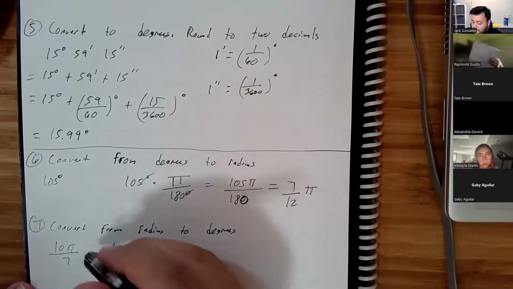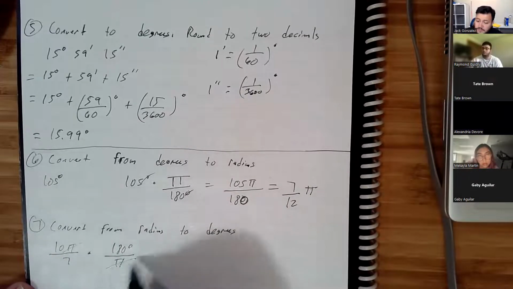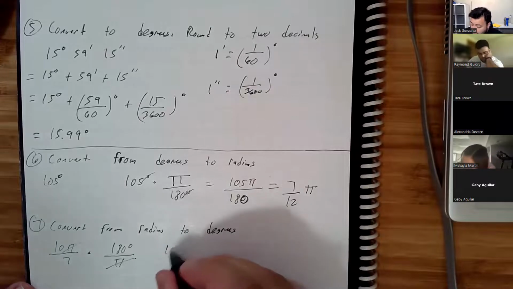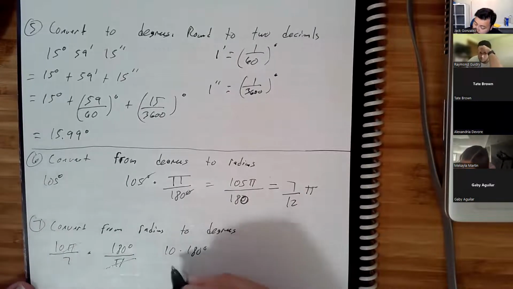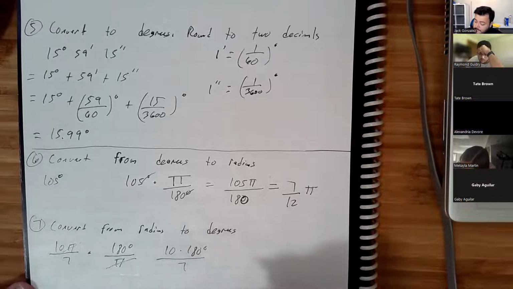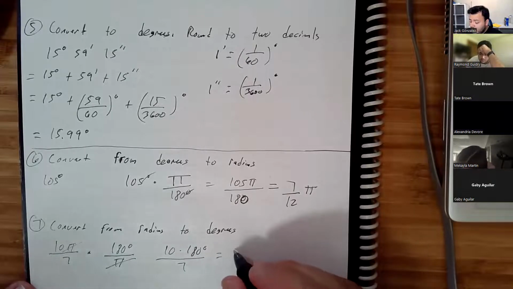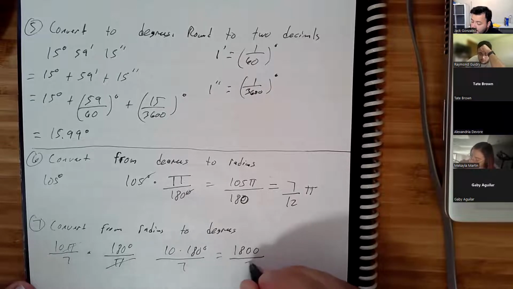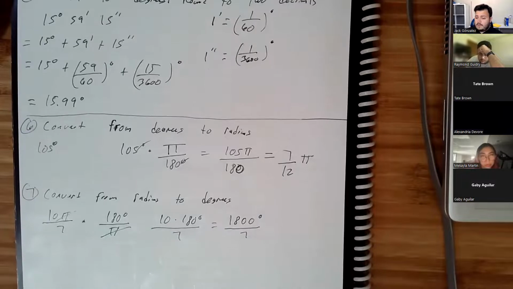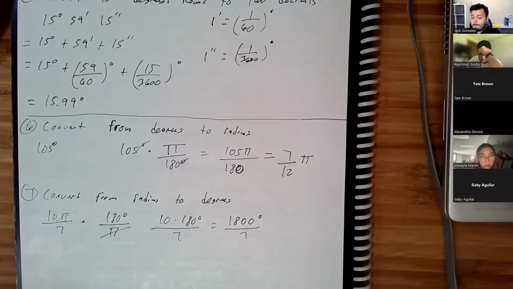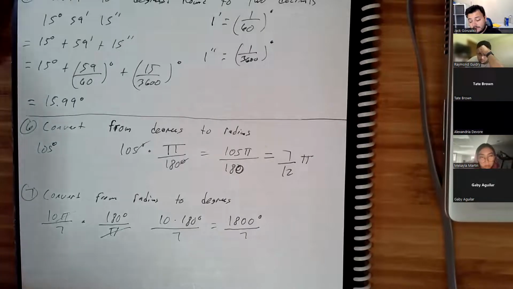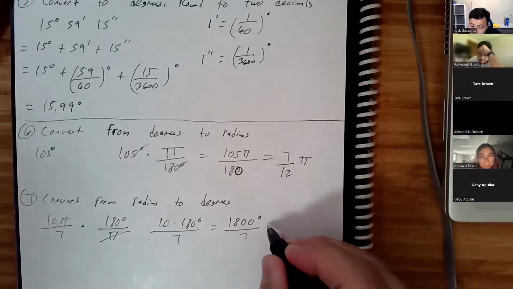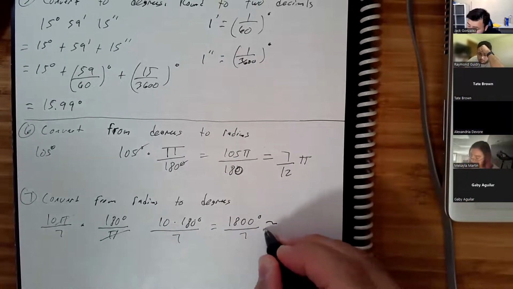Yeah, that's fine. So the pi's will cancel. So I'm left with 10 times 180 degrees over 7. So that is 1800 degrees over 7. Does 7 go into 1800? If you look at the question, they have decimals. So let's go ahead and round it to 2 decimal places.